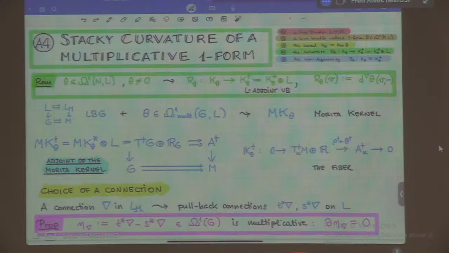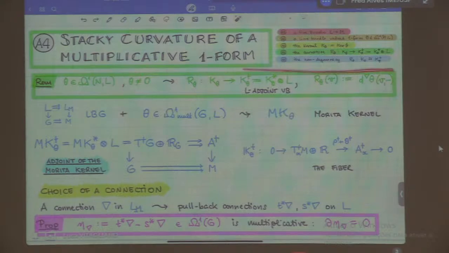But maybe remember that in the usual case, when theta is a one-form on a manifold, also different from zero, the curvature is a vector bundle map from the kernel to the adjoint kernel, which can be extended to the whole tangent bundle with the help of a connection in the line bundle like this. So the curvature is basically the restriction to the kernel of the connection differential of the one-form.